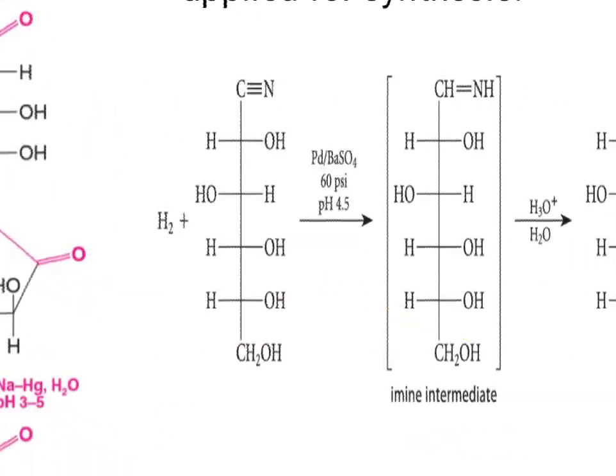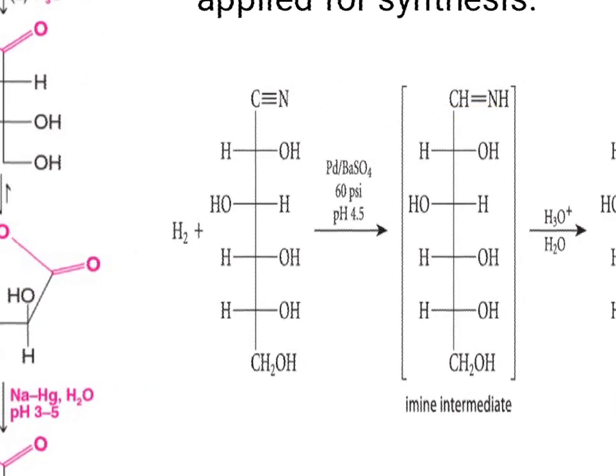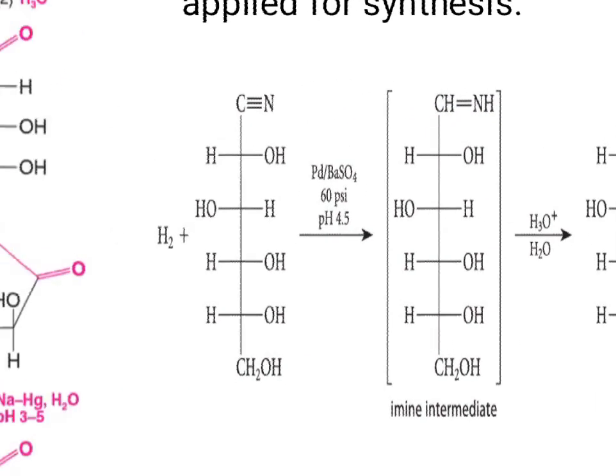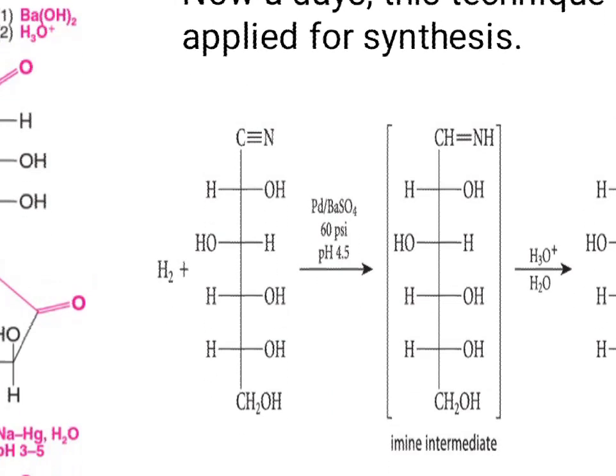This is the procedure of the catalytic hydrogenation. You have this CN, and then if you give some catalyst and control the pH of the reaction, you will get this imine intermediate CH double bond NH, and then after doing the hydrolysis, you will get aldehyde.